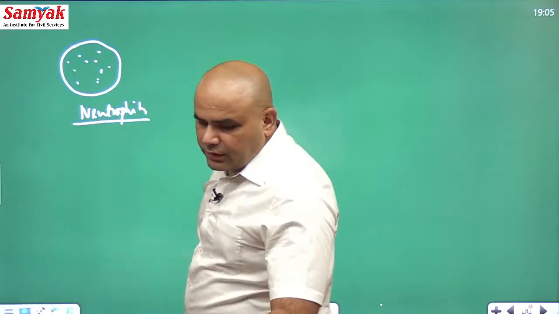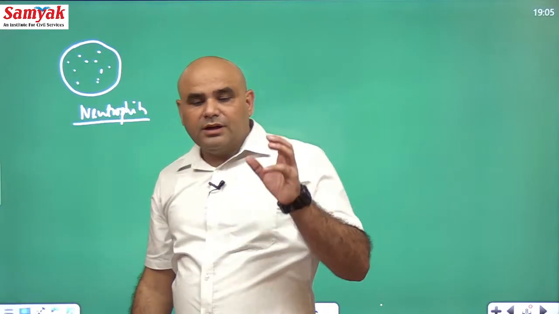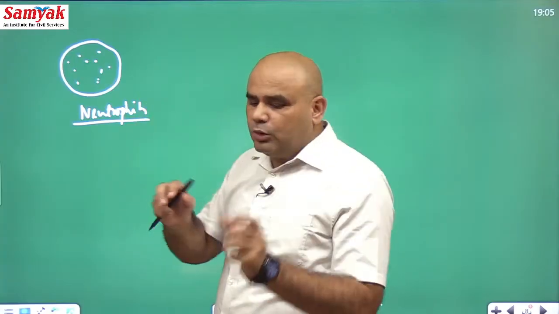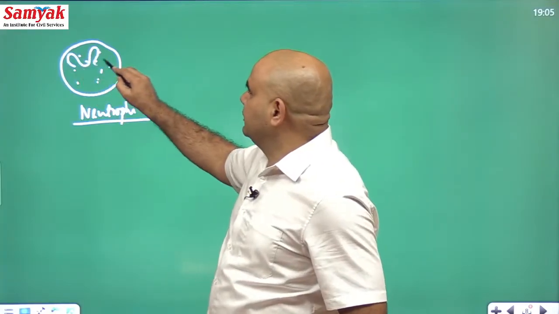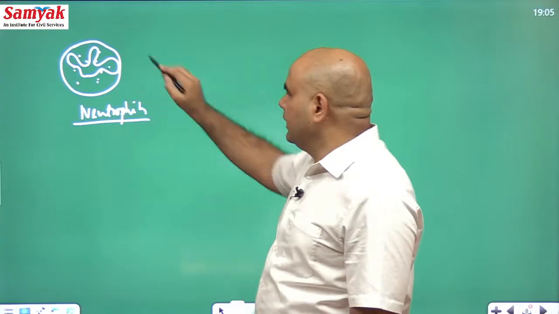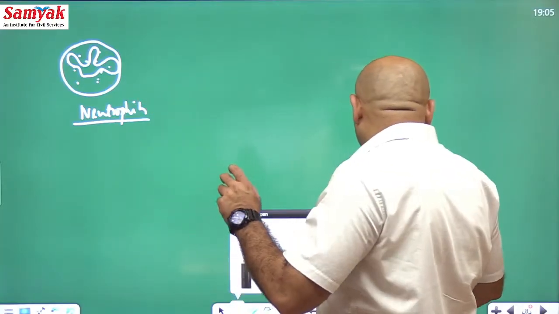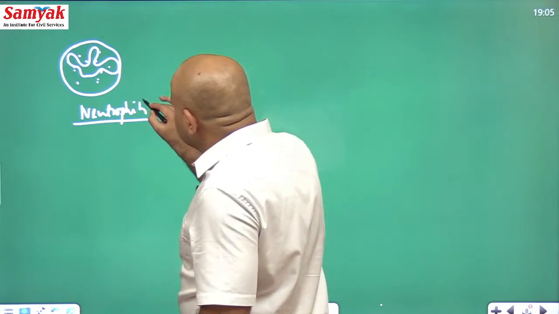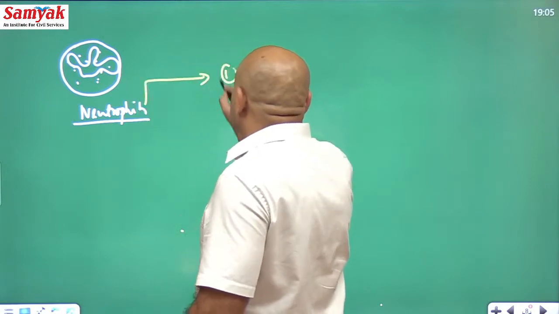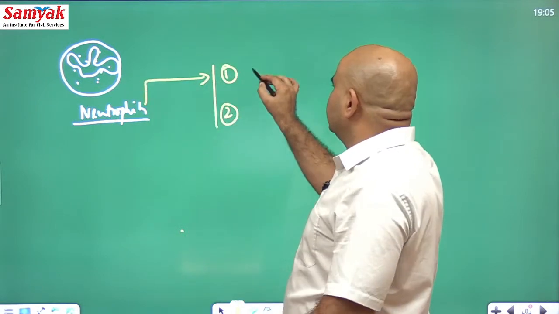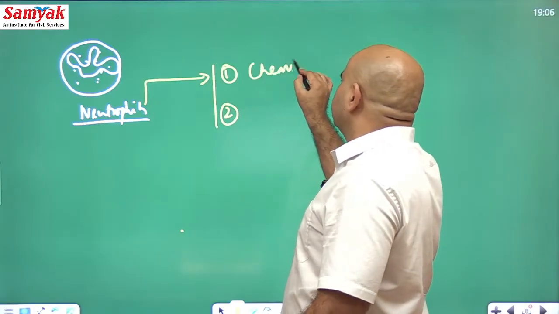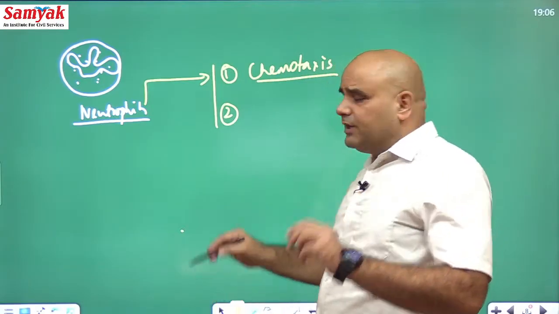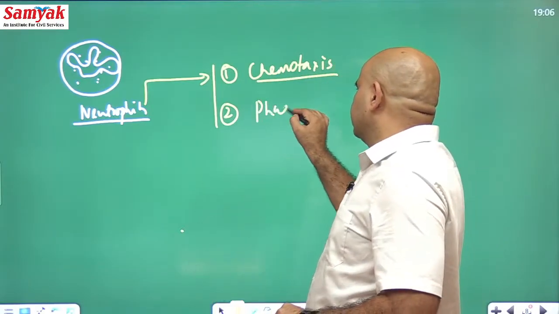Their nucleus is carrying multiple lobes like this, multilobular. So there are more than 2 or 3 lobes in the nucleus of neutrophils. Neutrophils are responsible for two functions. First function is named as chemotaxis, and second function is named as phagocytosis.